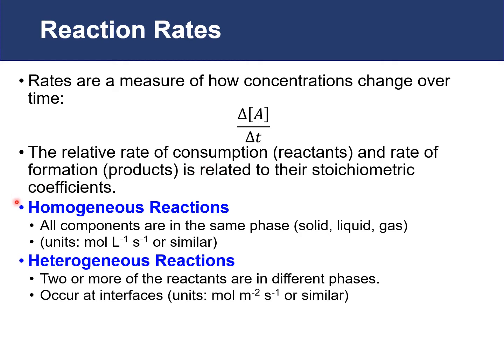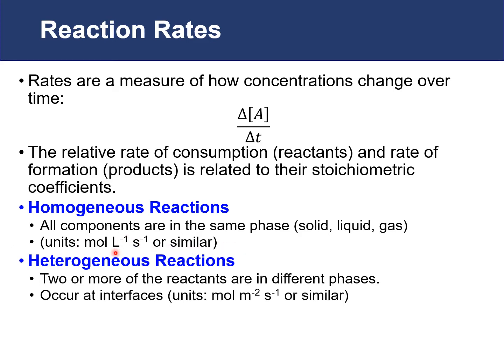We have two different types of reactions: homogeneous reactions and heterogeneous reactions. Homogeneous reactions are ones in which all the components are in the same phase. So that would be where everything is a solid, everything is a liquid, everything is a gas, or everything is aqueous, meaning that it's dissolved in water. The units will typically be moles per liter per second, or something similar.